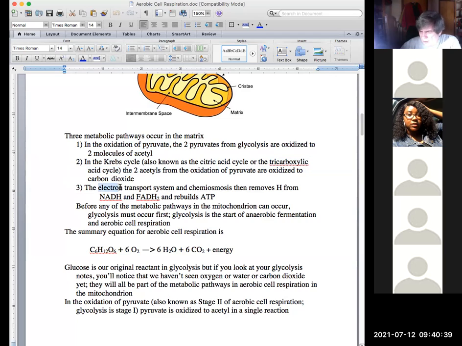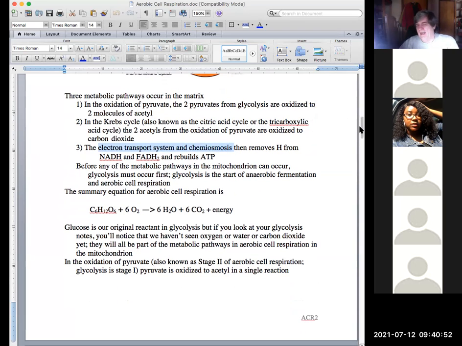And then finally, we're going to have the electron transport system and chemiosmosis. And remember, we've talked about electron transport systems and chemiosmosis when we talked about what happens in the cyclic and non-cyclic photophosphorylation pathways in photosynthesis.